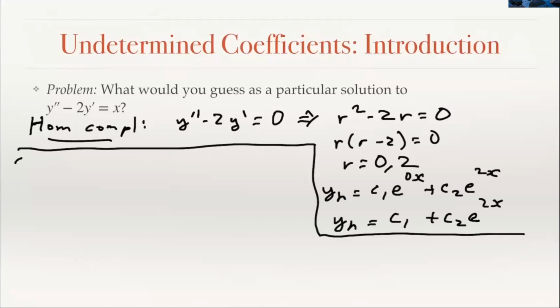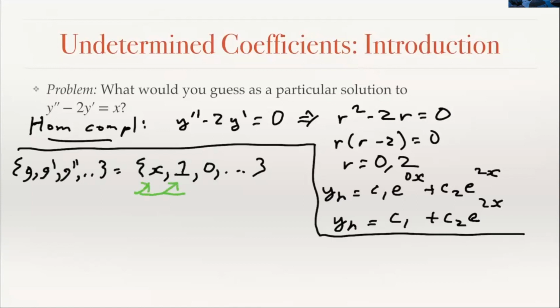Okay, and here, what is the set g, g prime, g double prime, etc.? Well, g is x, derivative of x is 1, derivative of that is 0, etc. So all of these, are they all linear combinations of some finite set of functions? Yes, they are all of the form k1x plus k2 times 1, technically.